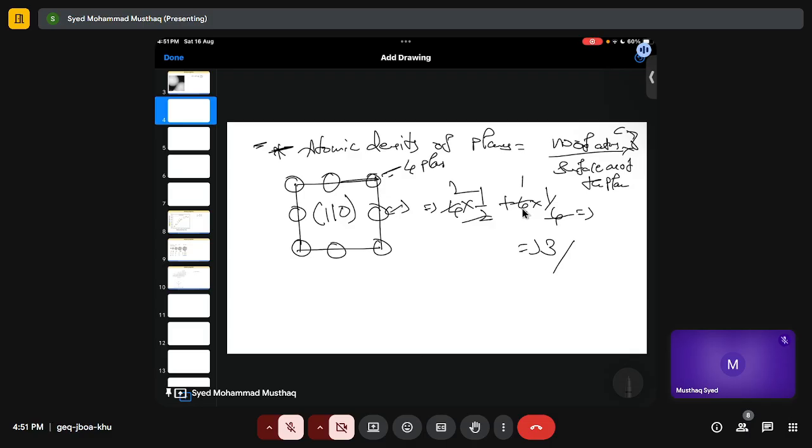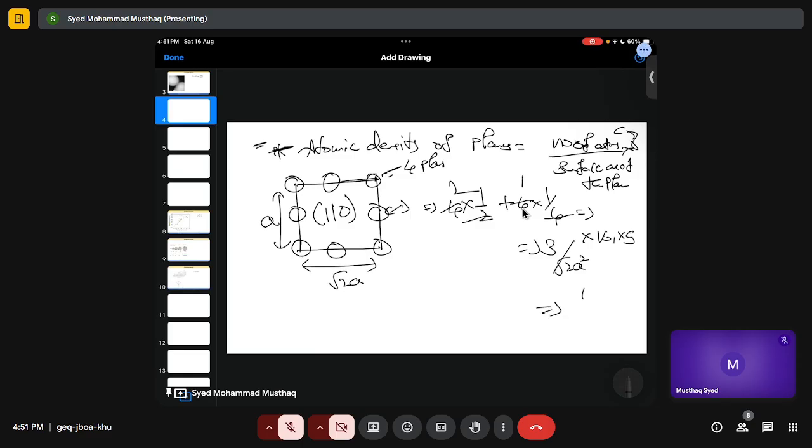How do you find the surface area? This is my atomic length, lattice parameter a, and this is my diagonal, which is root 2a. So my area will be root 2a square times my surface energy part, which is k1 times the number of bonds being broken, which for 100 is 5.